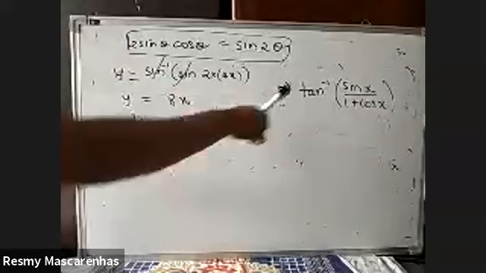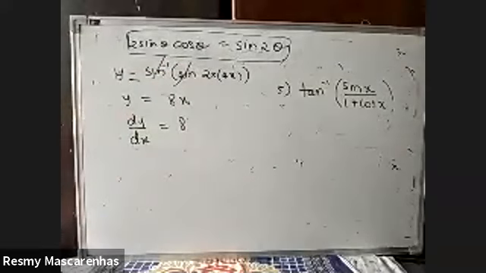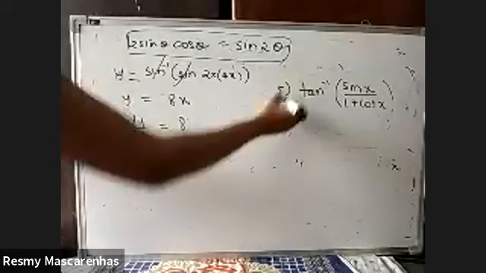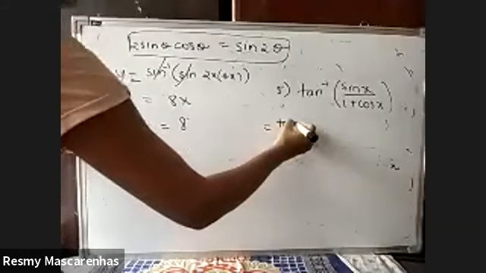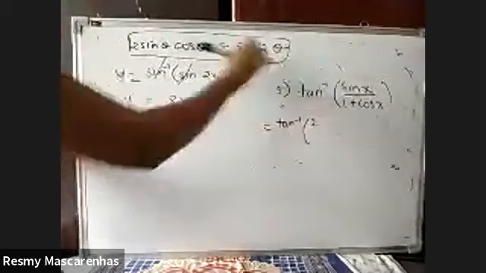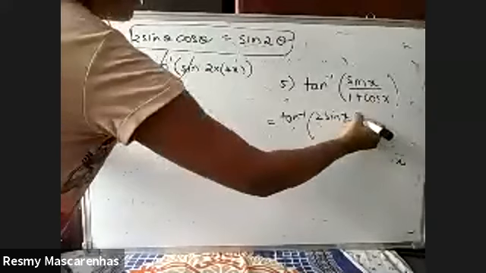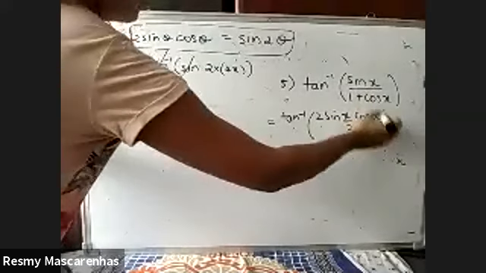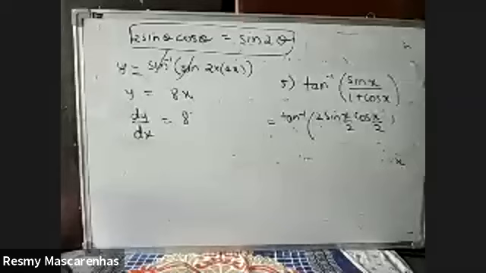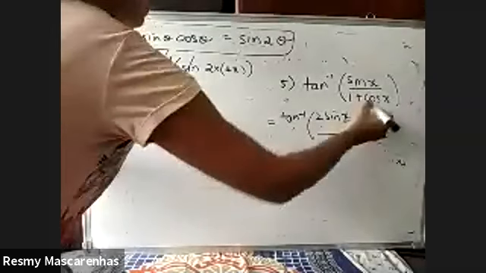Again, using the same formula, sin x can be written as 2 sin x by 2 cos x by 2. So this will be tan inverse of 2 sin x by 2 cos x by 2. Already what is happening? The angle is becoming half. And 1 plus cos x is 2 cos square x by 2.